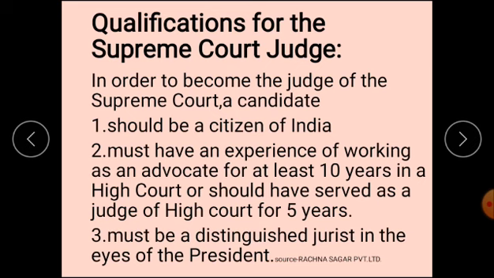Second, must have an experience of working as an advocate for at least 10 years in a high court or should have served as a judge of high court for 5 years. Next, must be a distinguished jurist in the eyes of the president. So these are the qualifications for the Supreme Court judge.